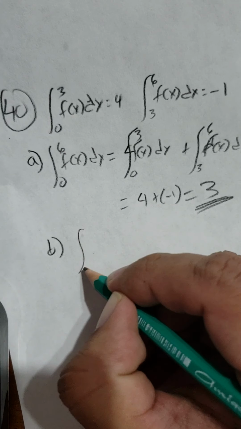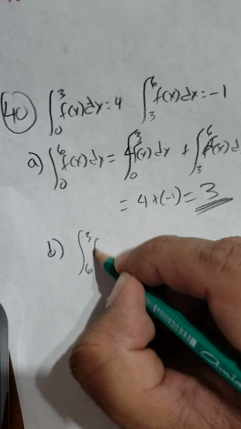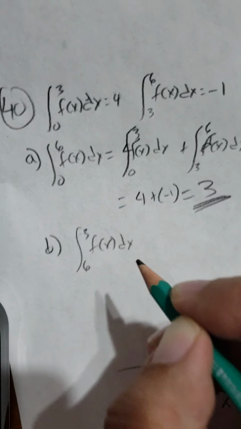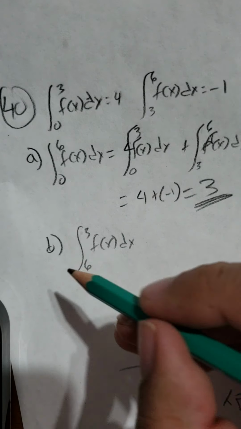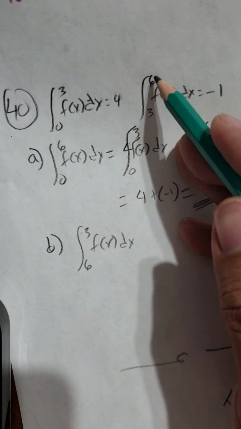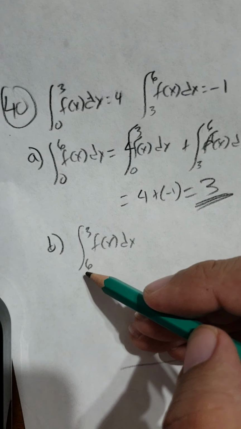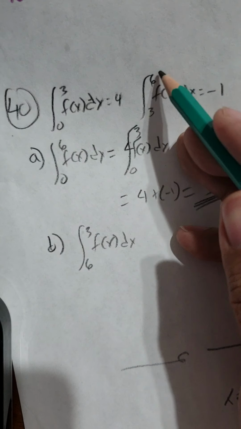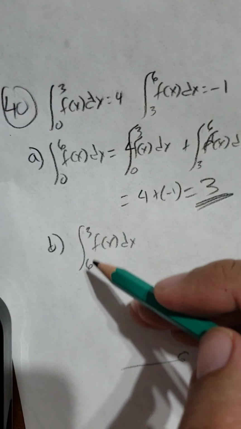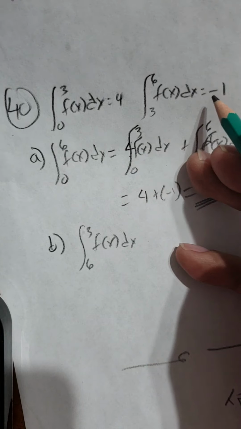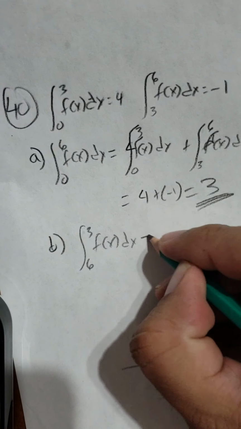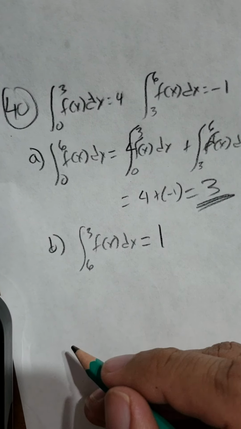Now let's go with number b. Here we have the integral going from 6 to 3 of f of x dx. Now this is basically the same integral as before, but the limits are changed. This is 3 to 6, this is 6 to 3. Remember, we only have to change the sign. The answer will be 1.